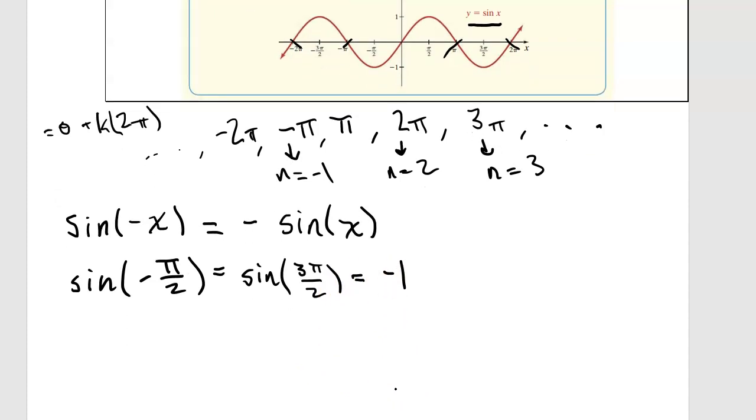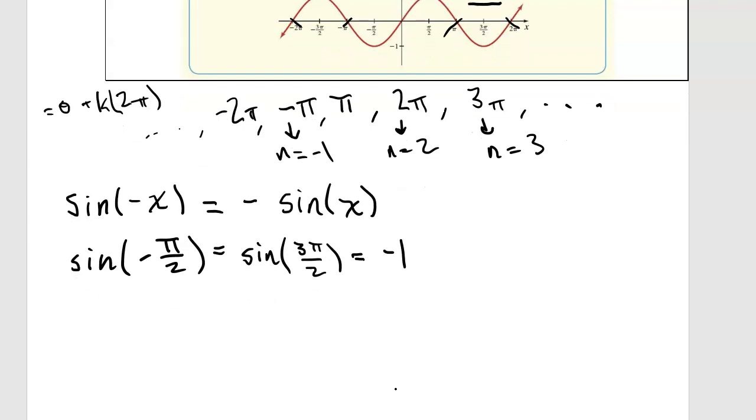Okay? So now let's use the odd property of sine to evaluate this differently. So we're going to keep the pi over 2, but we're going to make it positive. So we're going to input a positive pi over 2. Okay, now looking at our unit circle, we know that the sine of pi over 2 is a positive 1.